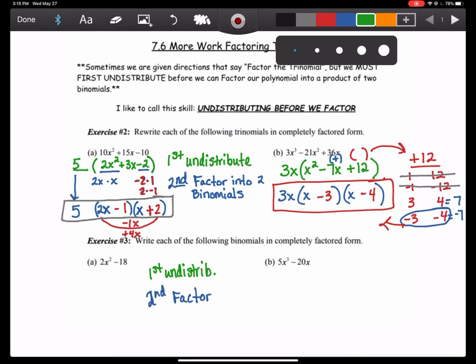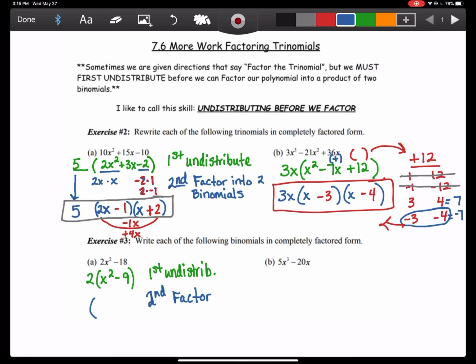So what can I take out of both terms? Well, we can take a 2 out. Now we take a 2 out, and we're left with x squared minus 9. And that's great because x squared is a perfect square, -9 is a perfect square. This binomial will result in conjugate pairs. Okay, this is the difference of two perfect squares, and it's going to result in conjugate pairs.